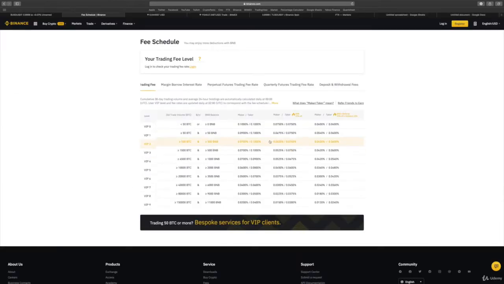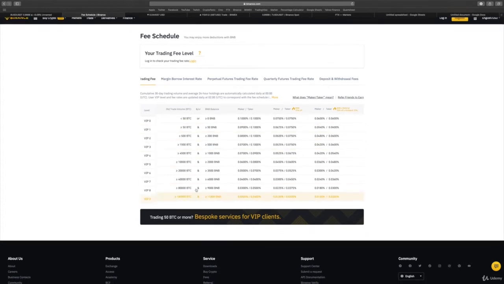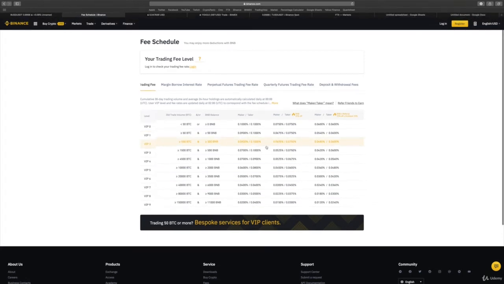These are our fees. So you'll be paying this when you don't have a big volume, because the bigger the volume on Binance, the less fees you'll be paying. But if you are starting, obviously you won't have any volume behind you. You'll be paying this 0.1.